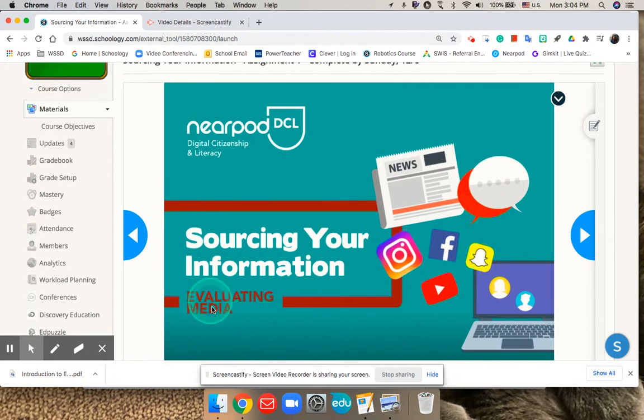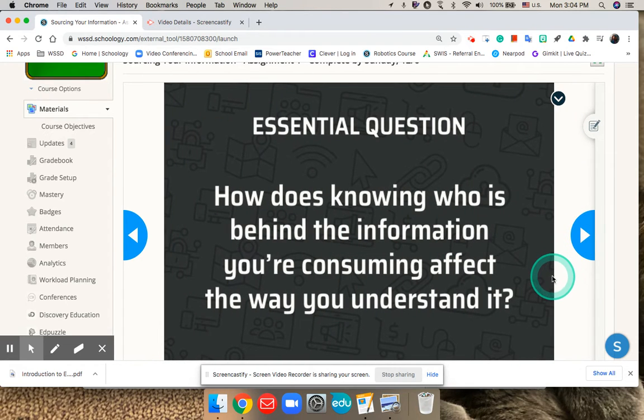And so this one is part of their digital citizenship and literacy, evaluating media, and this is on sourcing your information. And the EQ is, how does knowing who is behind the information you're consuming affect the way you understand it?